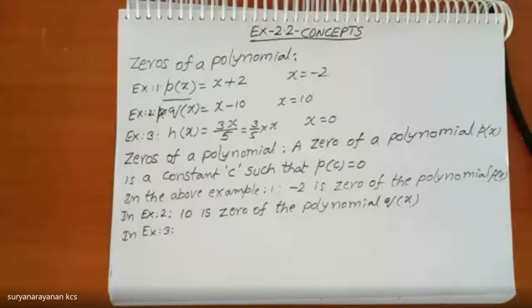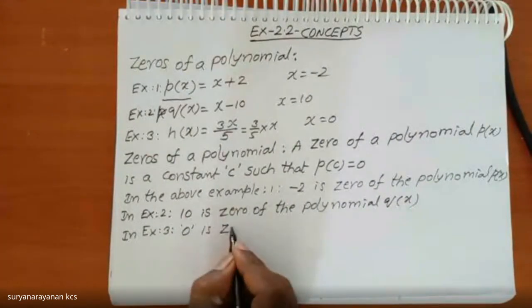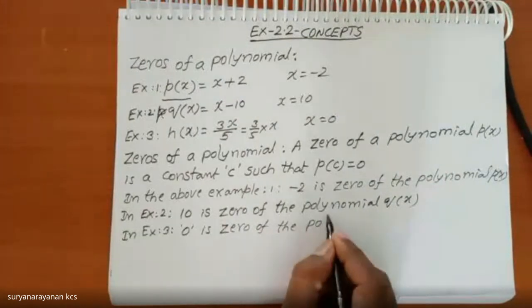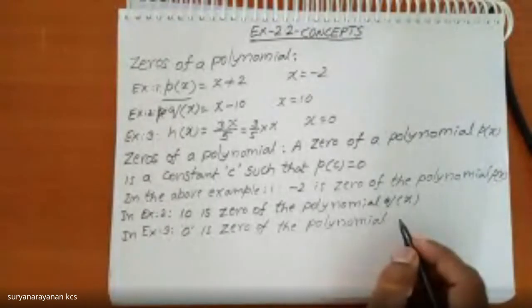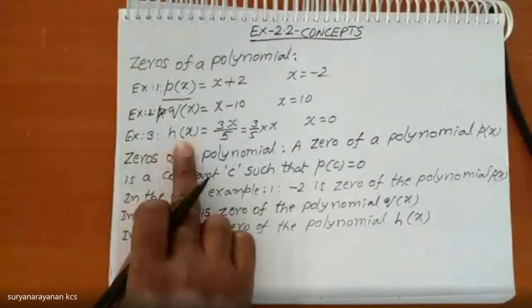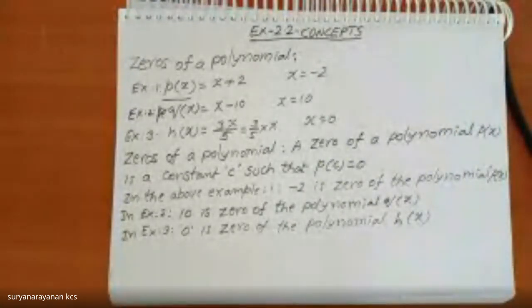Yes, very good. 0 is the 0 of the polynomial h of x. Here, the name of the polynomial is h of x. These are the zeros of the polynomial.